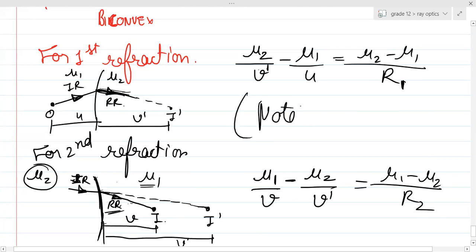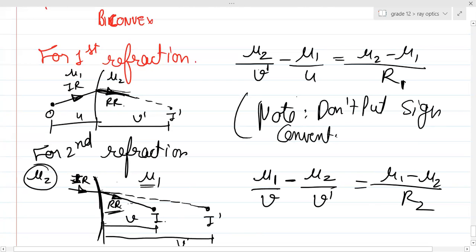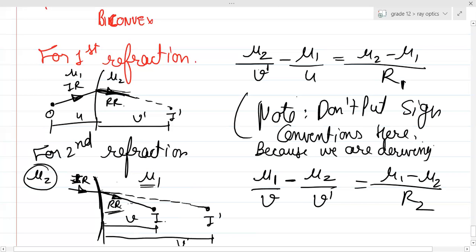Note, don't put sign conventions here because I have not derived the formula yet. Because we are deriving a formula from existing formulas, right?